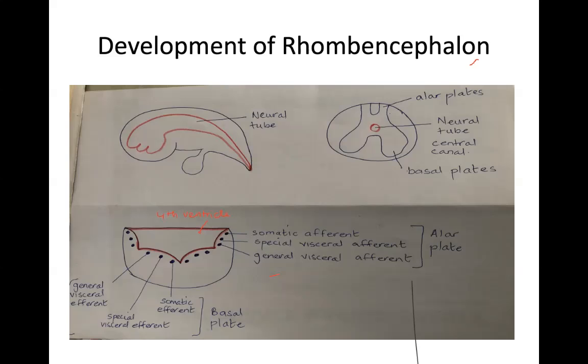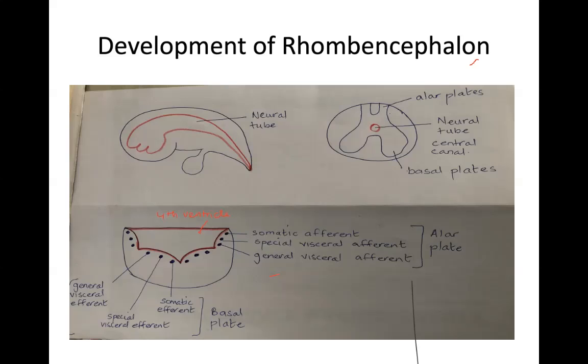You know that all these ventricles communicate with one another. So as you go up towards the hindbrain, you go to the myelencephalon, which is the medulla oblongata. When you are going to form the medulla oblongata, you are going to rearrange the alar and basal plates, and you are going to widen the central canal because the central canal will actually continue into the fourth ventricle.